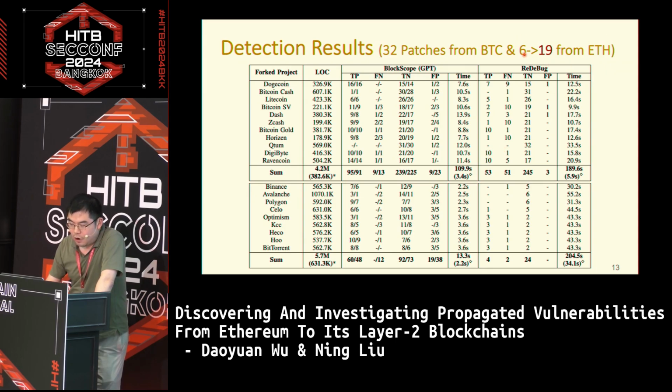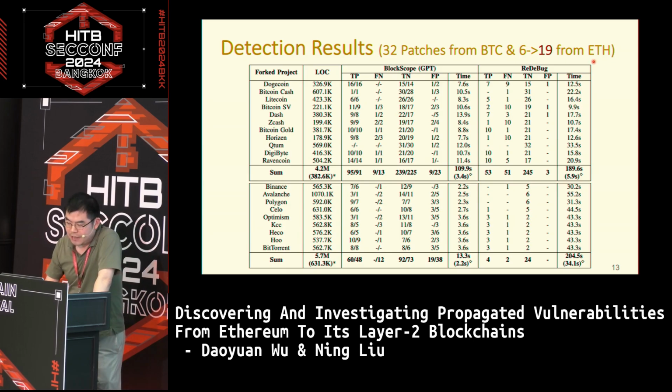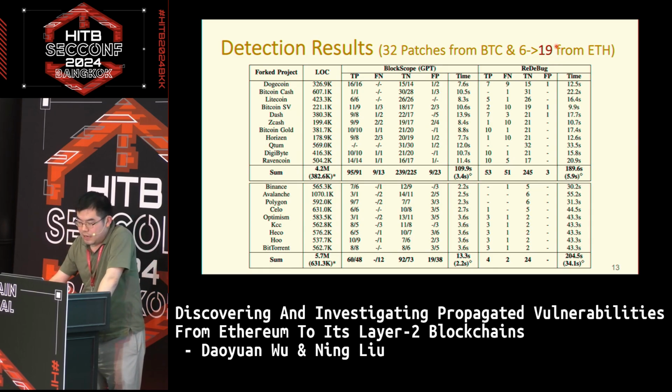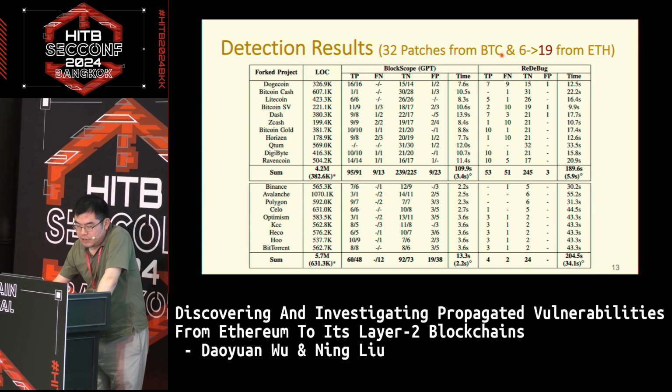In the original paper version, we only tested 6 patches from Ethereum, but recently we extended it to around 19 patches. So you can see the number is larger. And for Bitcoin, we have a total of 32 patches.